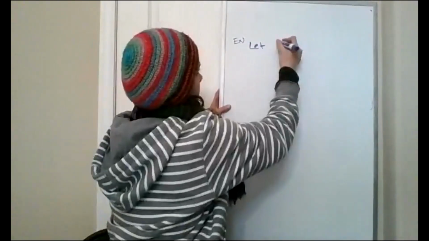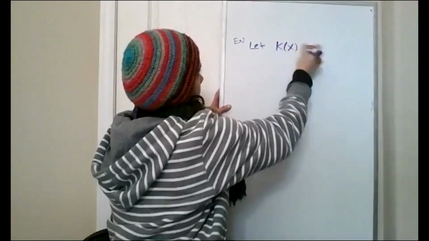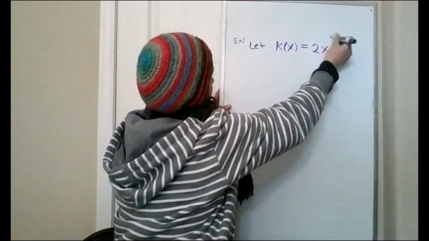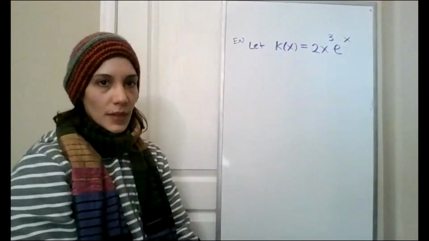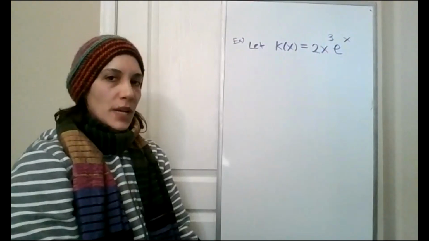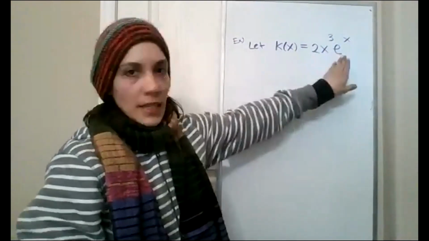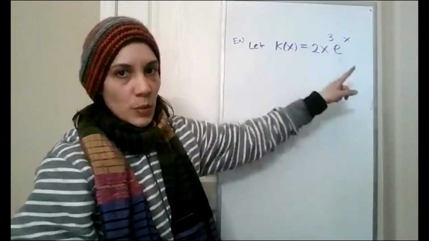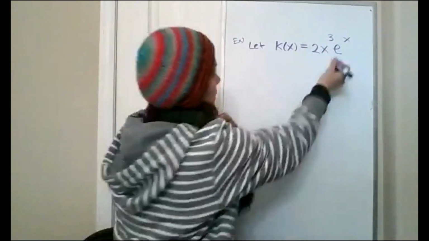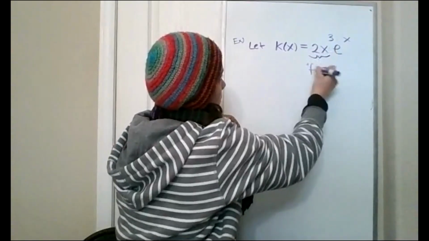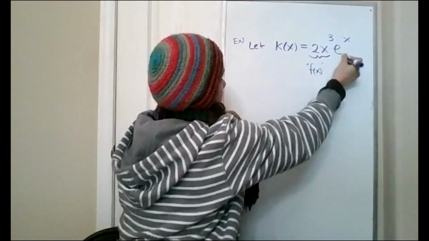K of x equals 2x cubed e to the x. I would make 2x cubed a function and then e to the x the other function and do the product rule. So this would be f of x. This is g of x.